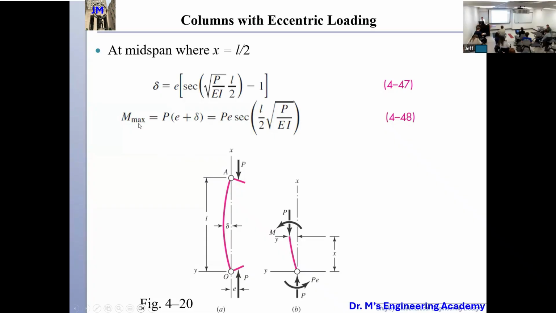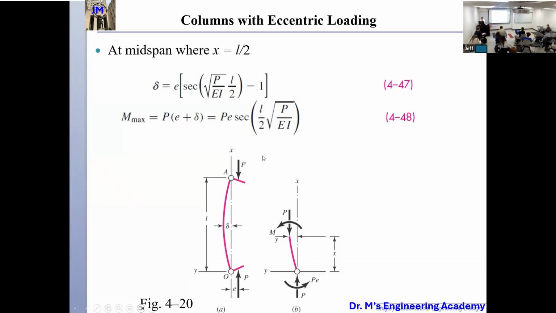M maximum, the corresponding bending moment, equals P(e plus delta). e is the distance between the point where you apply load and the center of the beam. One more time, e is the eccentricity. It is the distance between the point at which you apply load and the center of the beam.